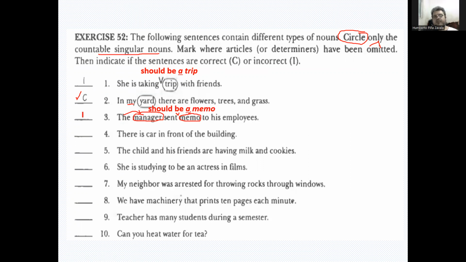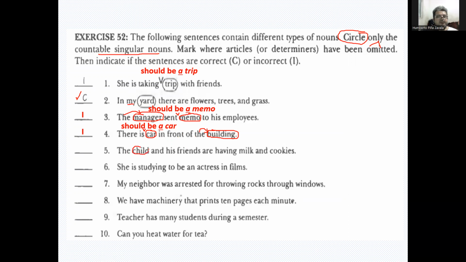Or if you know what kind of memo, it will be the memo. But we need something here. We got car and we got building, singular countable nouns, the building, right? Specific building. And here we're missing something for the car. So it should be there is a car in front of the building, just any car, not a specific one.